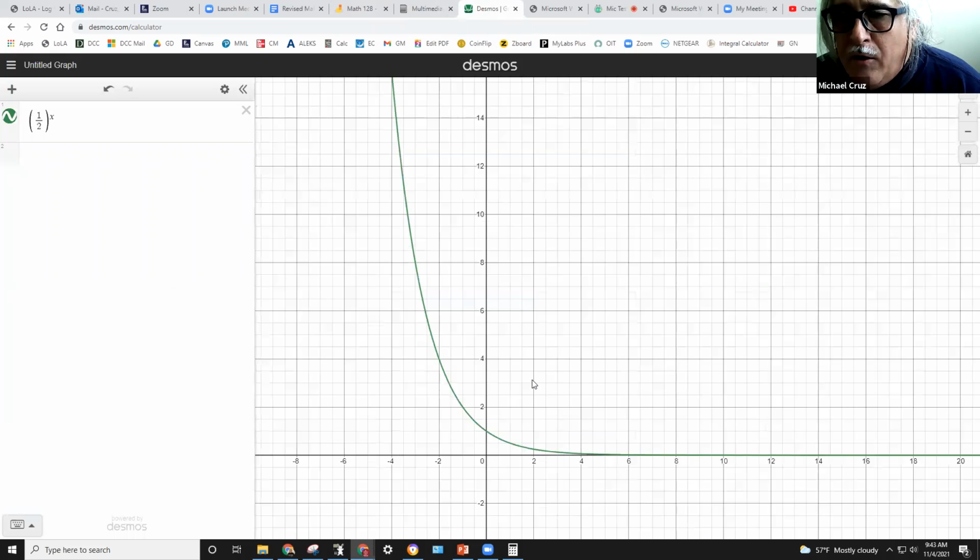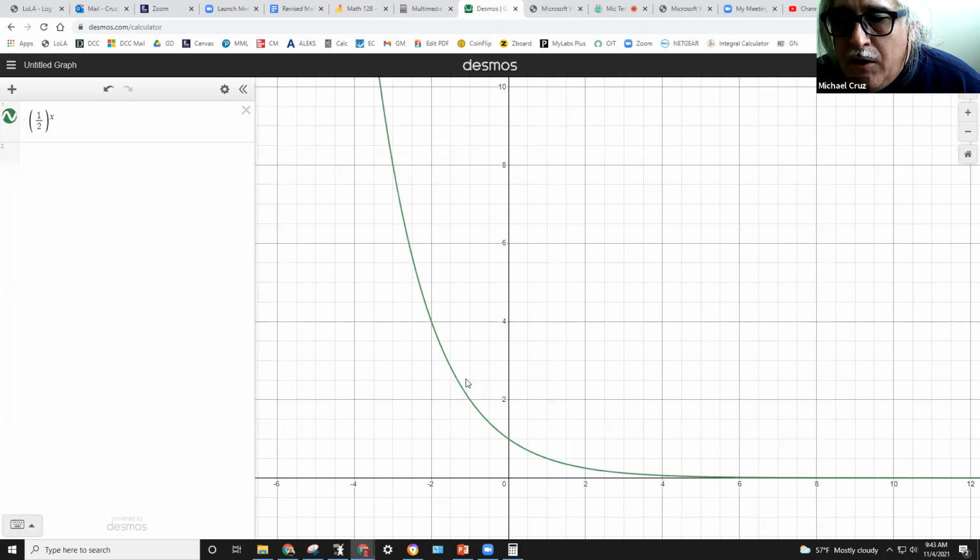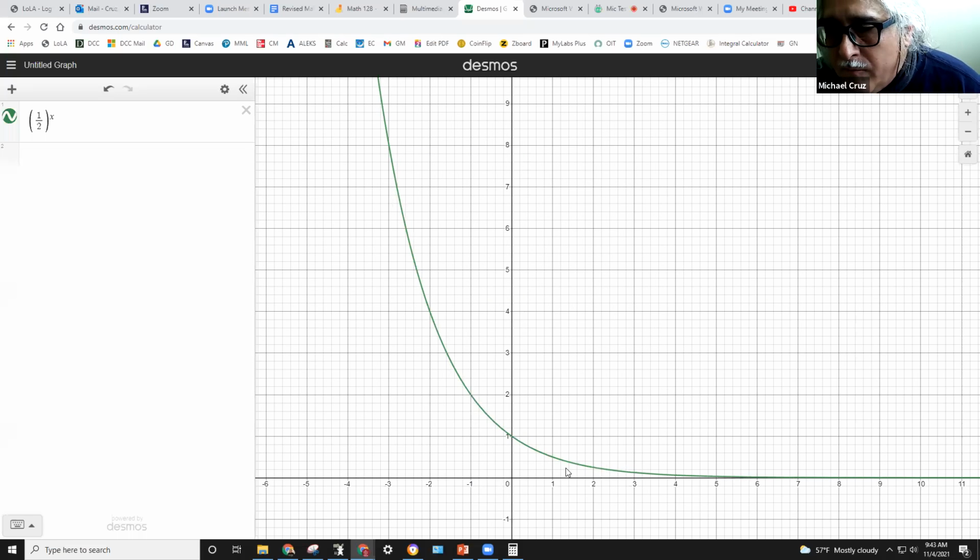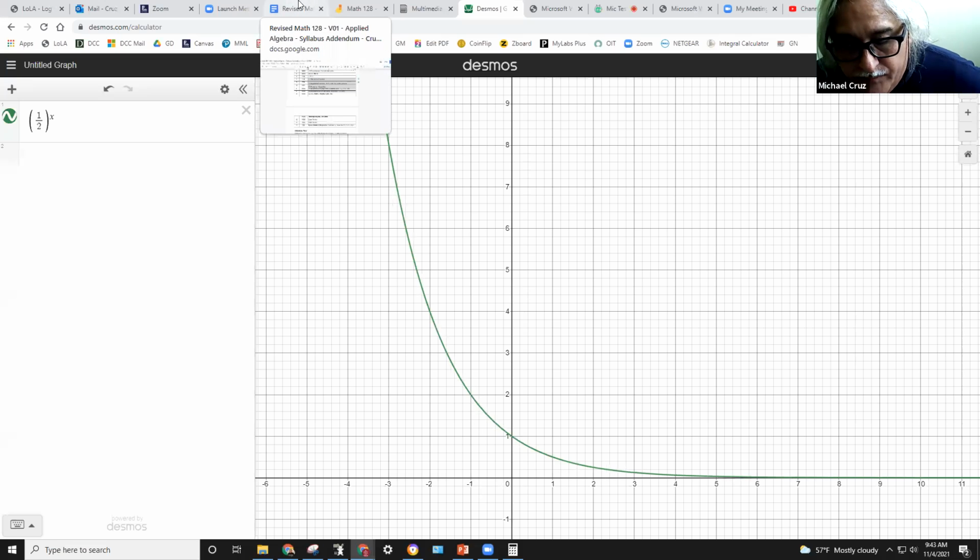To get it a little bit closer, you see how it goes through -2 is 4, -1 was 2, and 1 is 1/2, and then 2 is 1/4, and so forth. And then it's just going to get closer and closer. And then on the other side, it's getting higher and higher. And that's the effect of a fraction.